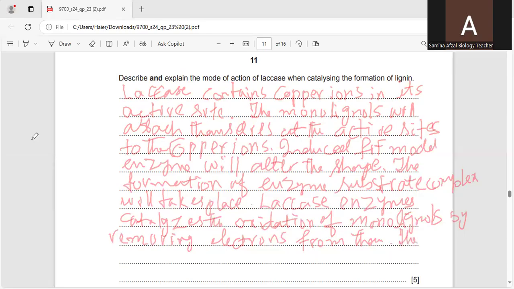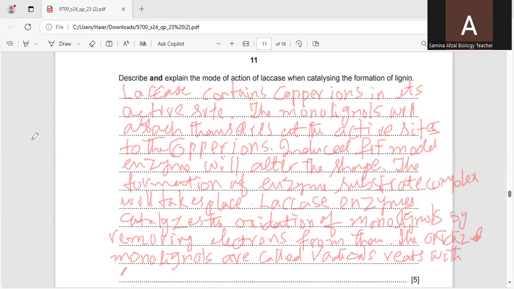The oxidized monolignols are called radicals, which react with each other to form dimers and then large chains.